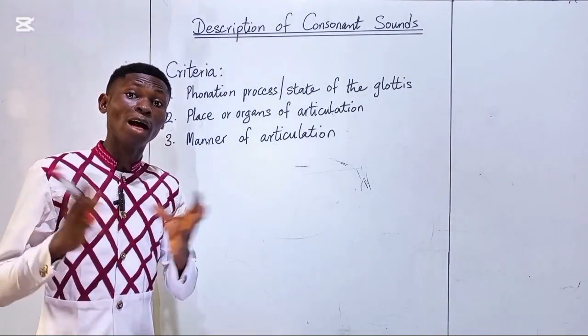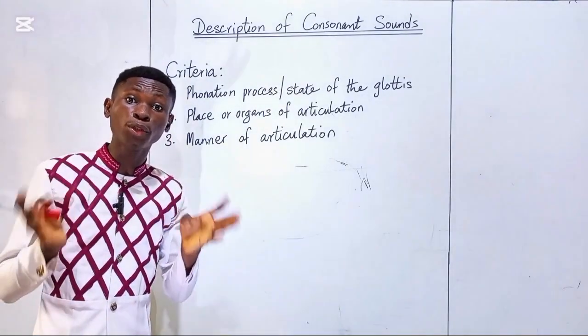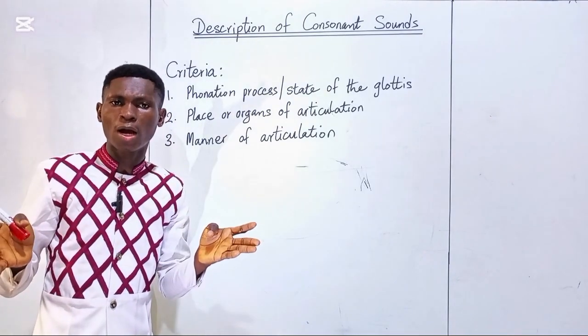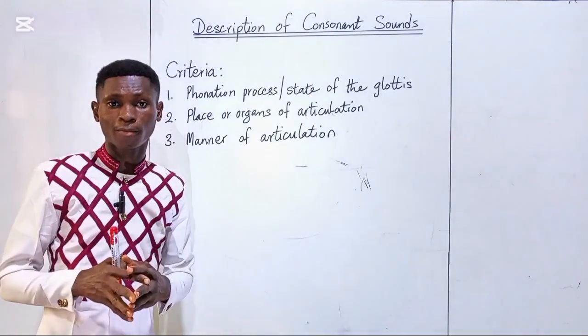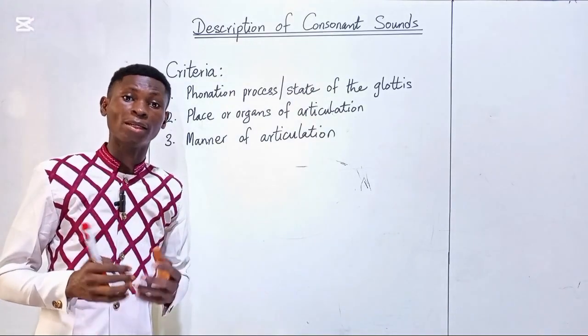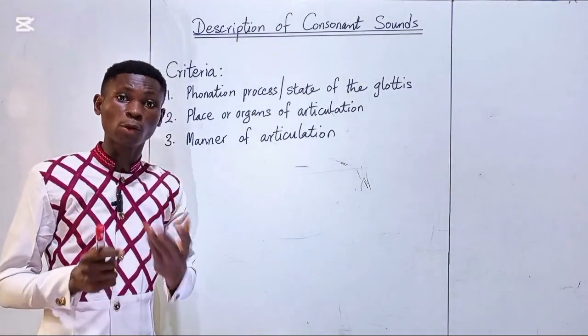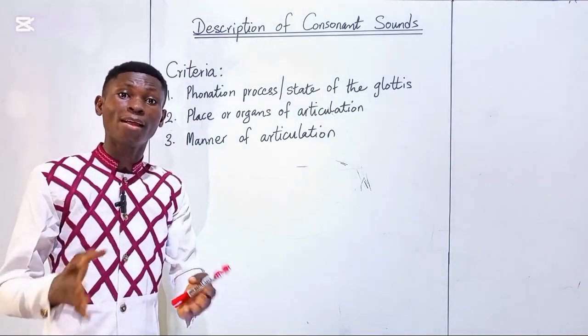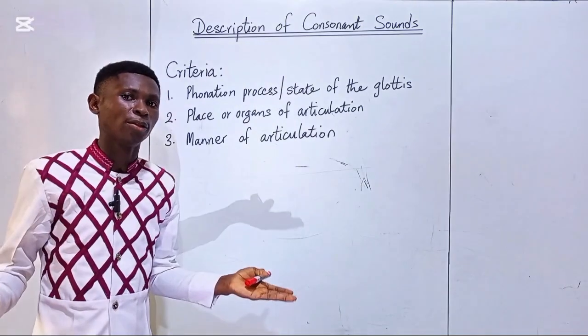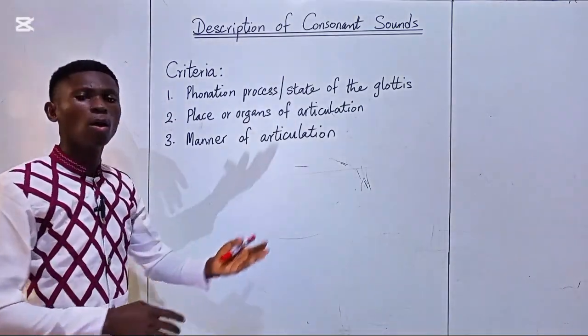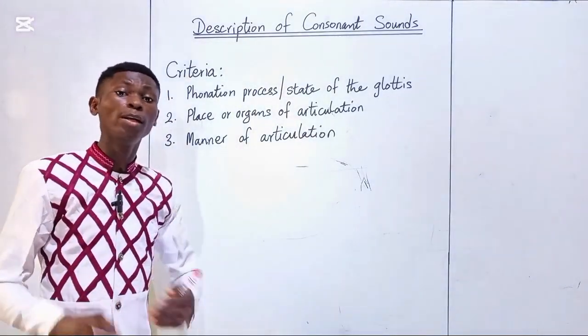That's because vowel sounds are those sounds produced without the obstruction of the flow of air that passes from the glottis through the mouth. So when you're saying vowel sounds, there is no obstruction. So you don't need all these organs of speech. It is only the tongue.